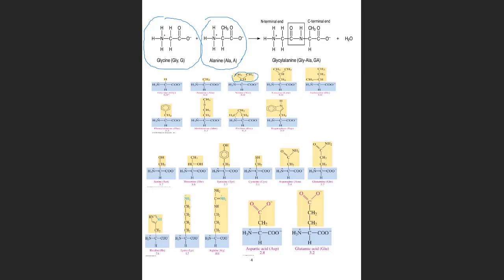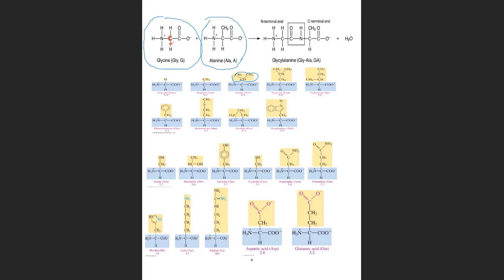An amino acid, let's look at glycine, has a central carbon. This carbon is called the alpha carbon. And the alpha carbon is bonded to two functional groups.